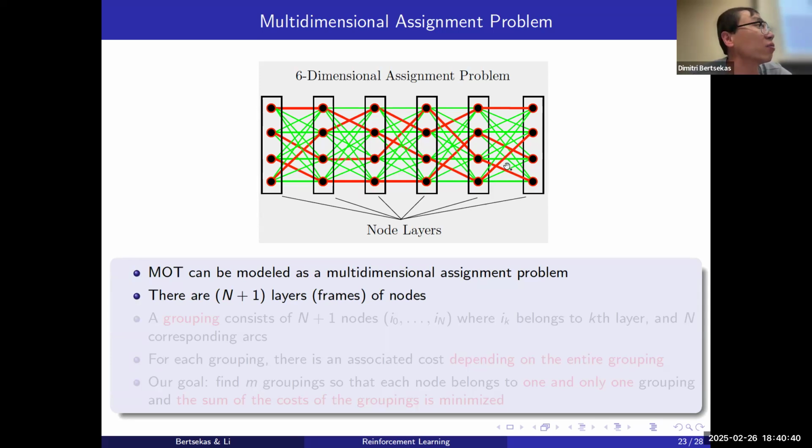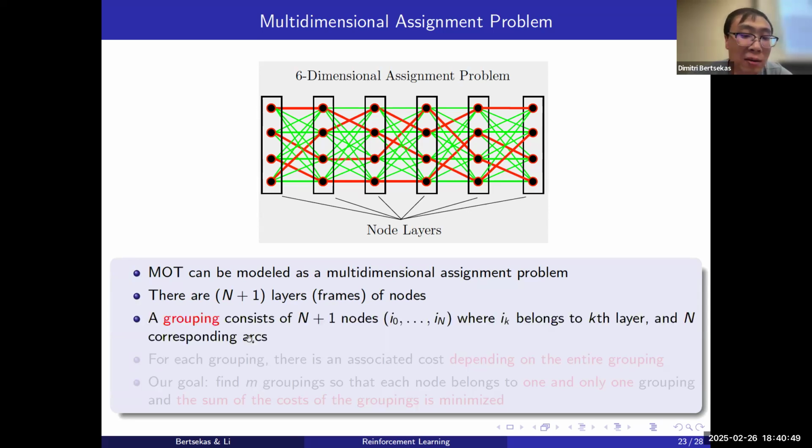It's possible that different frames involve different numbers of objects, but for the moment, let's just leave it as it is. A grouping consists of n plus 1 nodes, the same number as the number of layers, where each node in a grouping belongs to a different layer.